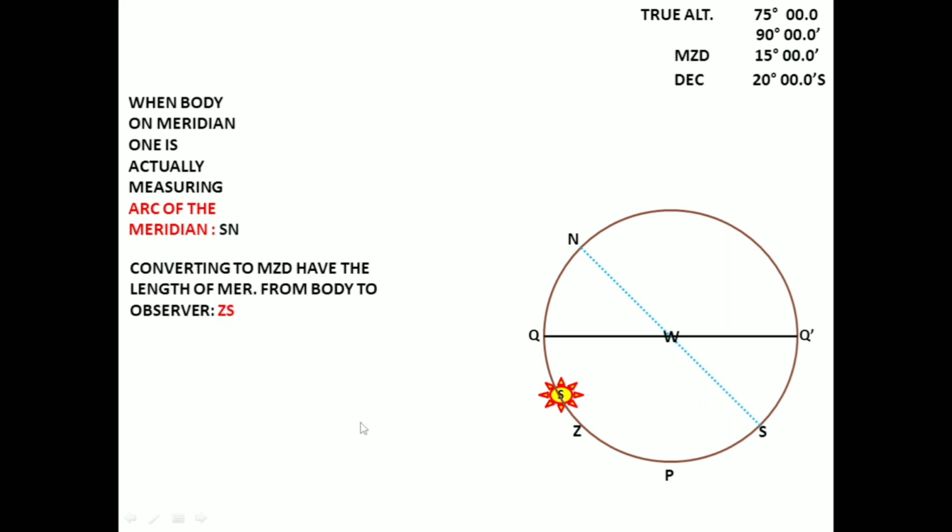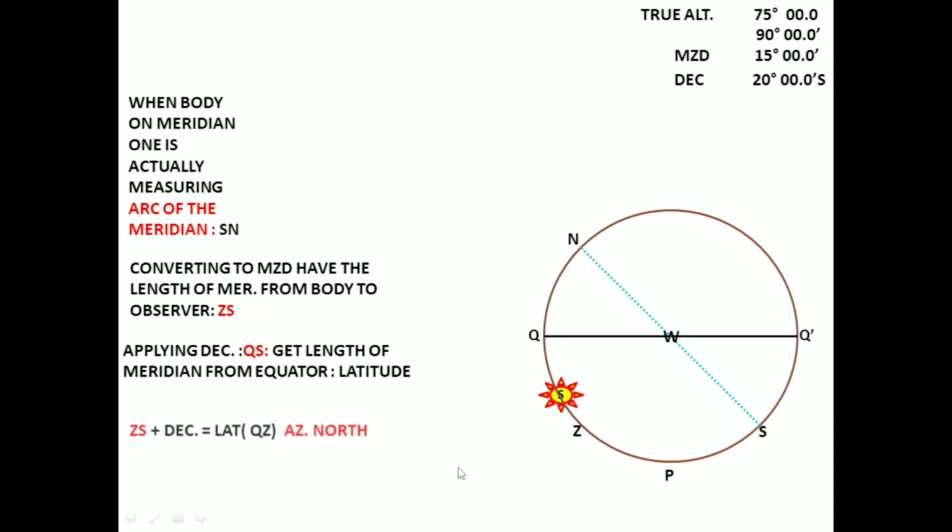Now you convert that into zenith distance. You measured this and you converted it by subtracting from 90 into zenith distance. And then you used your declination, that is from equinoctial to the body, and then you figure out your latitude, from equator to the observer.